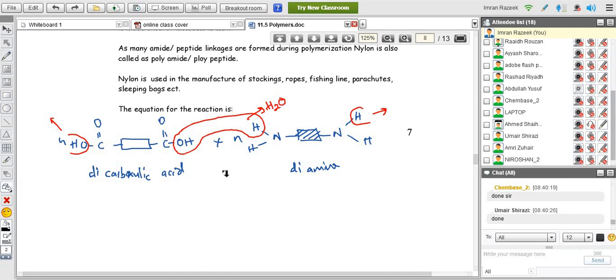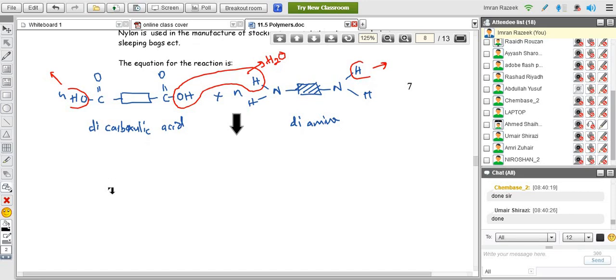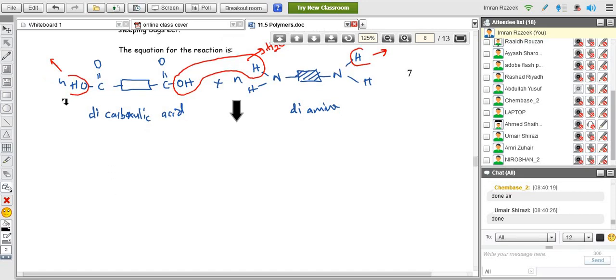Diamine always combines with dicarboxylic acid: a dicarboxylic with a diamine, and a diamine with a dicarboxylic. So I'm going to draw from this end, the dicarboxylic end, and put some dotted lines to show it's continuous. Then you have the dicarboxylic here, and then the diamine.